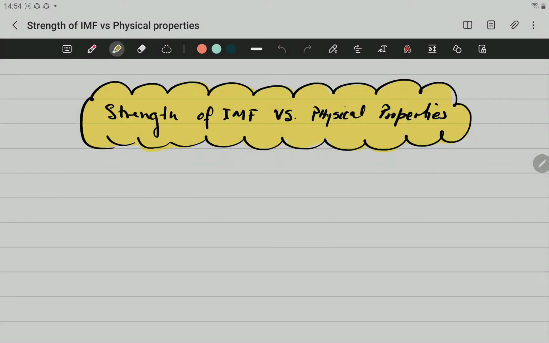Hello learners, here Mr. Jim, and we're going to be talking about the relationship between the strength of the intermolecular forces and some physical properties. The physical properties we're going to be talking about are the boiling point and the melting point.